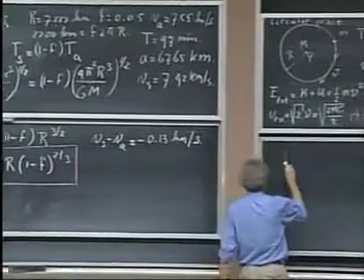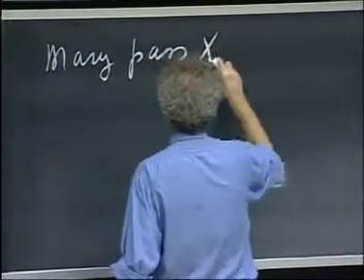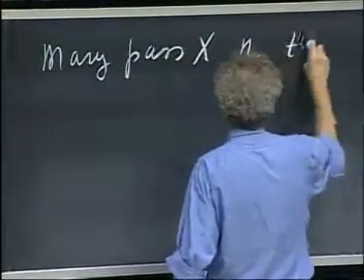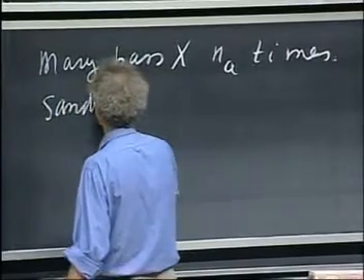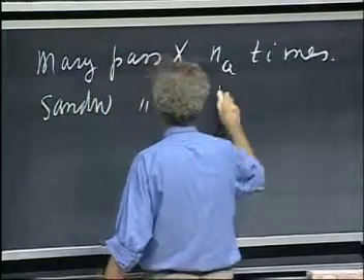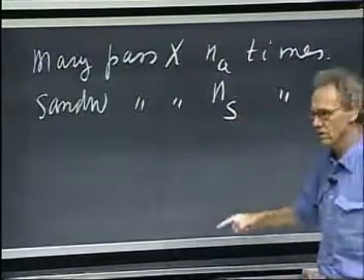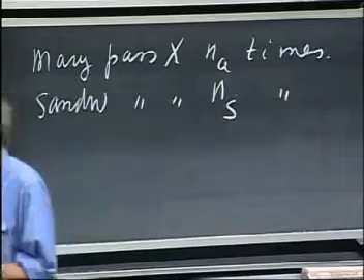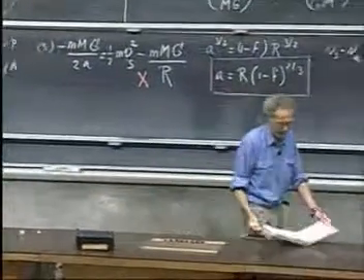We can have Mary pass that point X n_A times, and we can have the sandwich pass that point X n_S times. As long as these are integers, that's perfectly fine. Then ultimately, if they have enough patience, they will meet at point X.